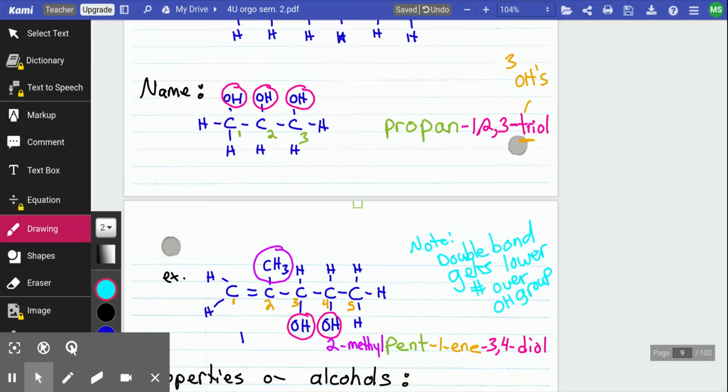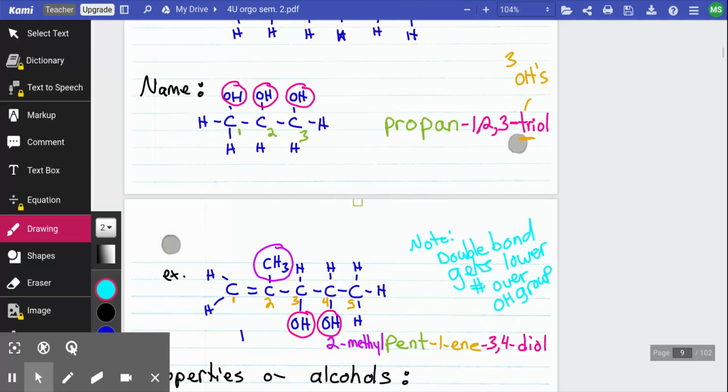So because we've added now a hydroxyl group, an oxygen and hydrogen bonded together attached to a carbon, we've significantly changed the properties of a hydrocarbon. So hydrocarbons, we haven't talked a lot about the properties of those yet, but I will give that to you.